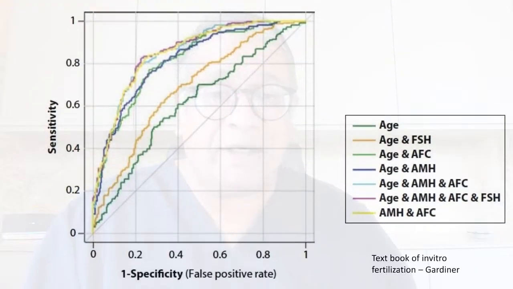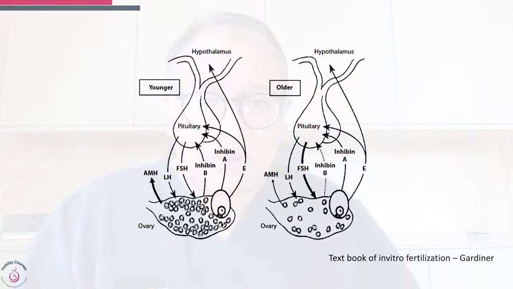So if you look at the curve, your best way of assessing quality is looking at age, AMH, AFC, and FSH. Combine all of them and your predictability of a poor response is better. So again, a simple diagram in a textbook.